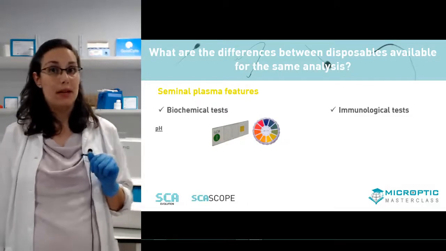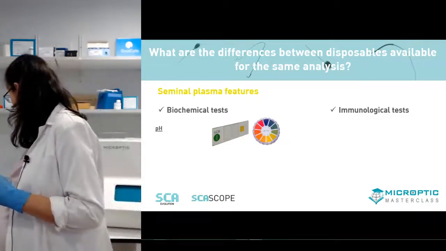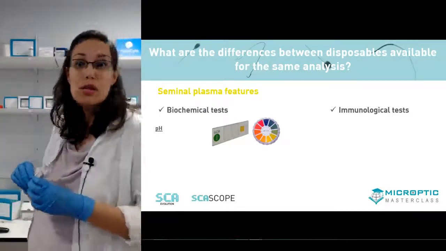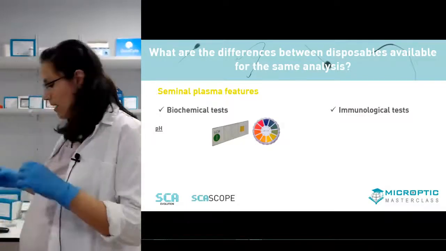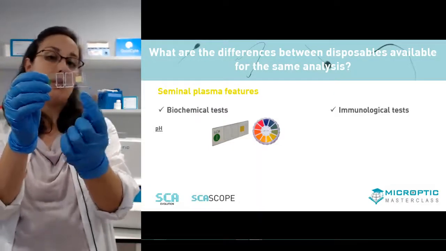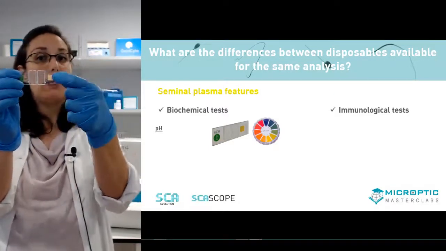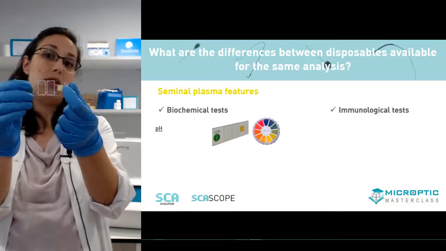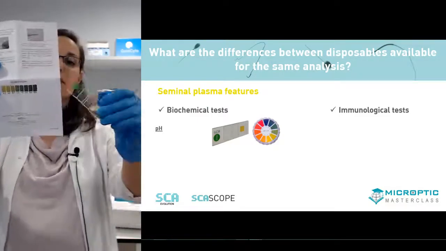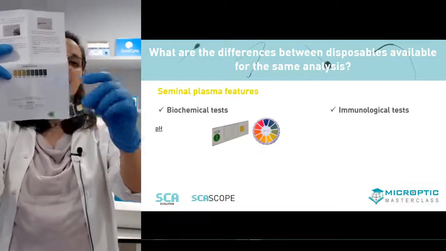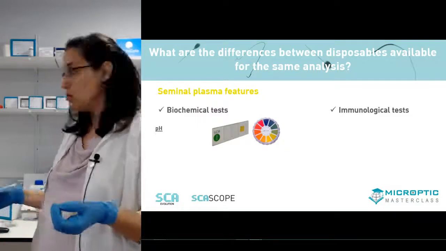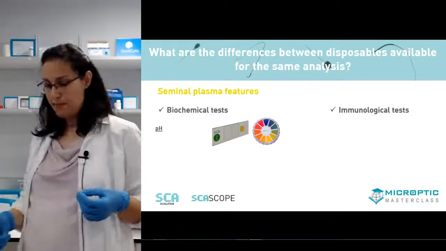For evaluating the pH, you can easily use a conventional pH strip, or if you are using a CASA system, we have designed counting chambers that allow you to evaluate motility and concentration and also include a pH strip that allows you to do the pH reading simultaneously. You can do it manually or automatically. The reading is in the protocol, so it is not necessary to do it automatically. You can also do it manually.